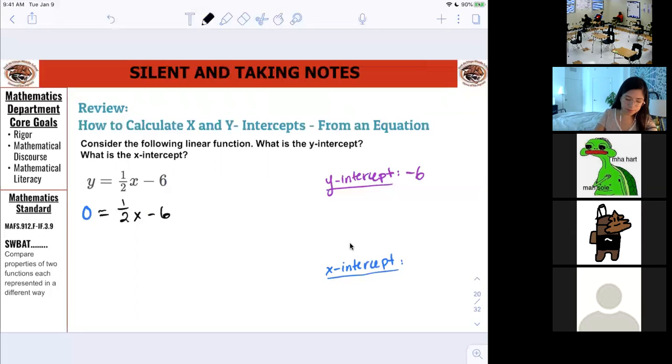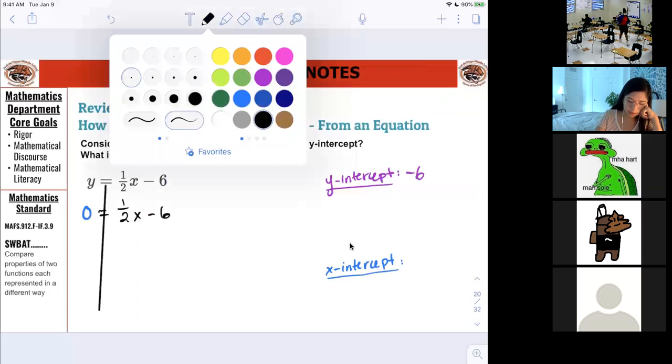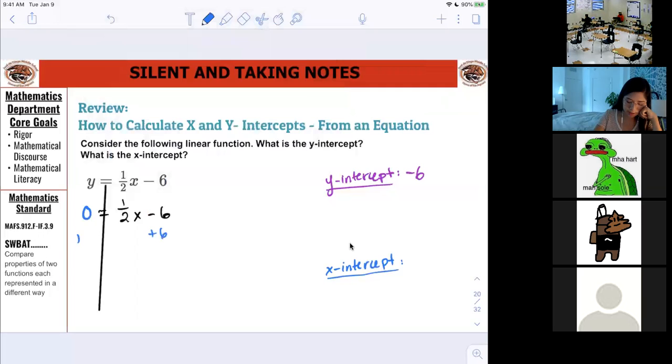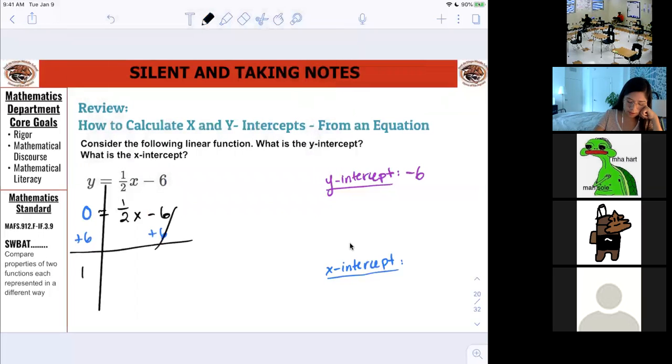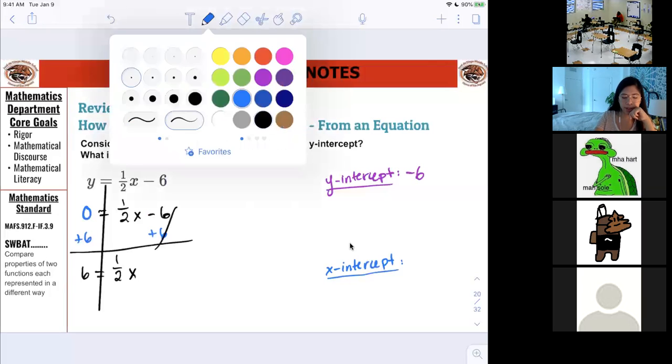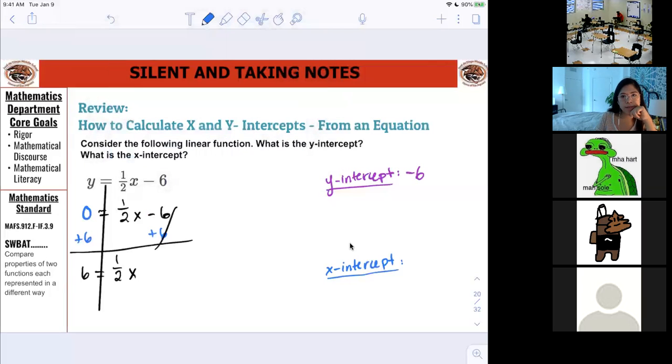Okay, so let's go ahead and solve for x. What do I do to both sides? Add 6. 0 plus 6? 6. 6 equals 1/2 x. And who can remind me, when you have a fraction, what do you do to both sides to get rid of it? Multiply. Yeah, you guys got it.